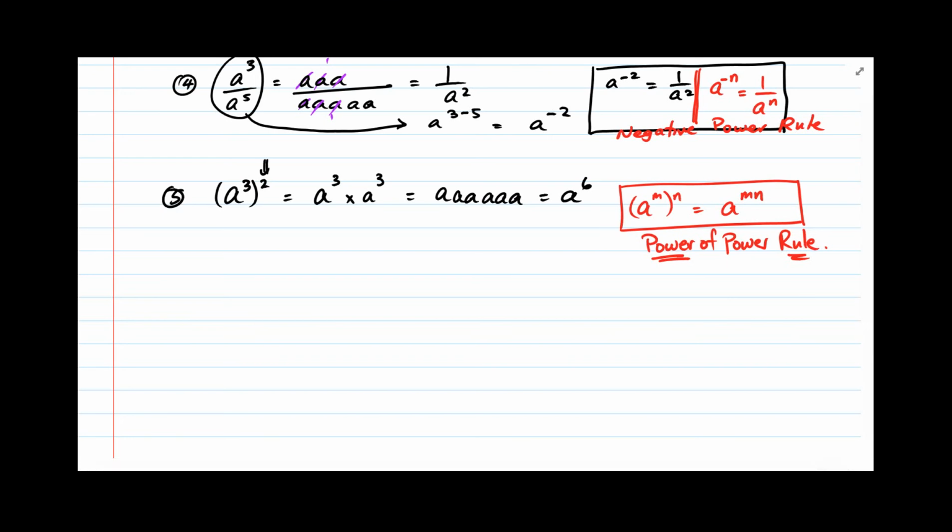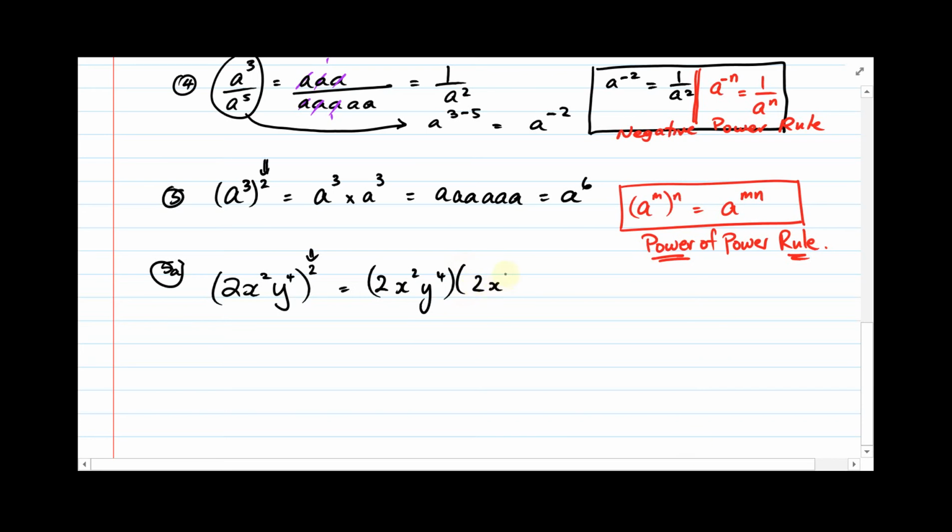Let's generalize this a bit, because this is one that is a bit tricky for many students. So let's suppose we look at 5a. If I have, say, 2x squared y to the 4th power, and I raise that to another power outside, I would write this twice, that times itself.